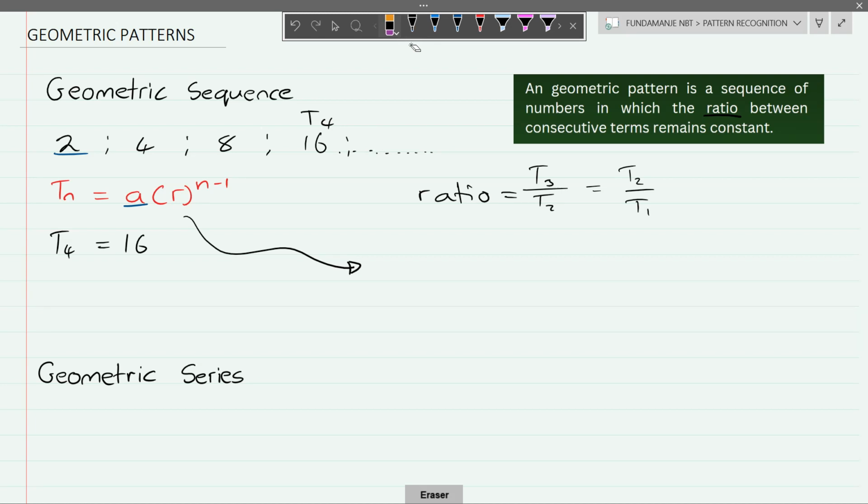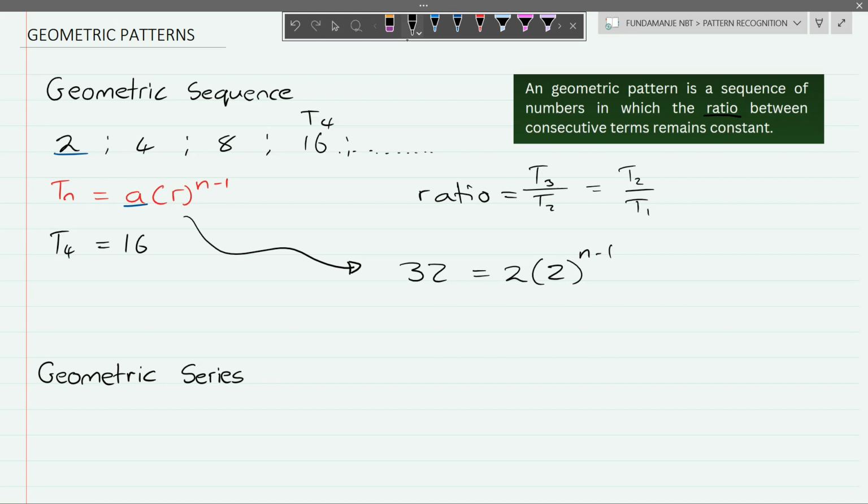If we were asked to find which term number in the pattern would have a value of 32, we'd say 32 is equal to 2, which is the value of A, times r, which is 2, to the power of n minus 1.